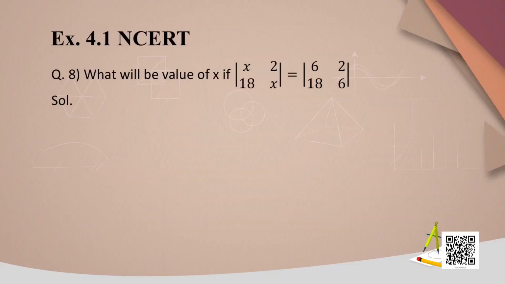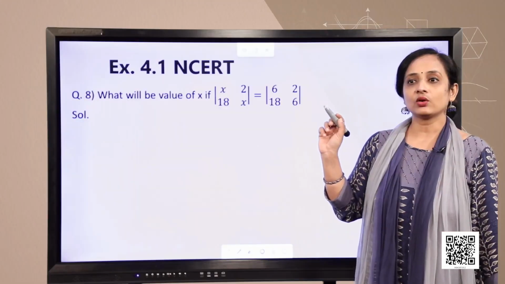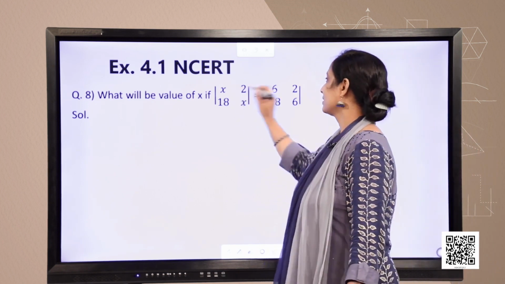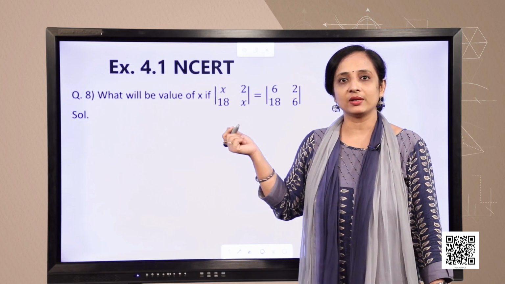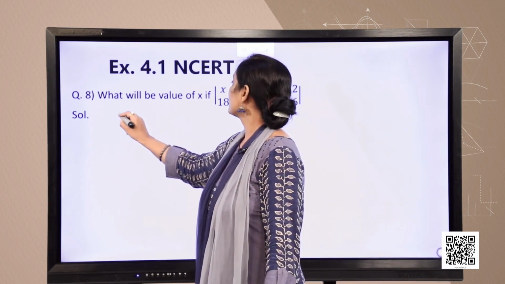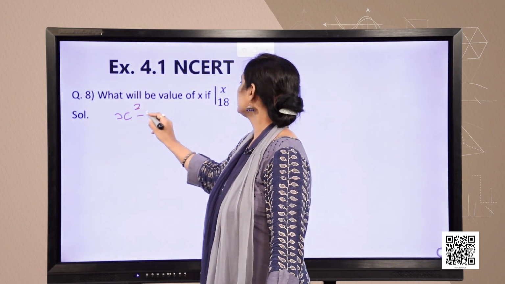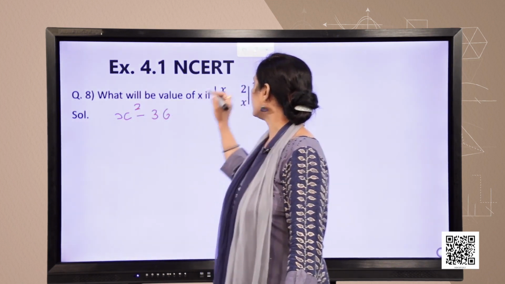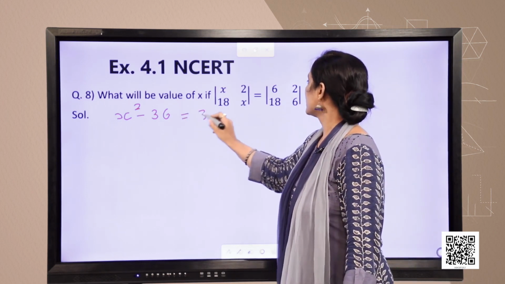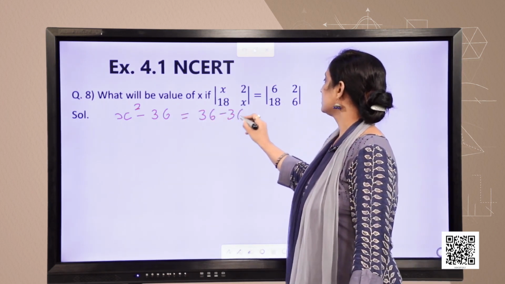Next question, what will be value of x if these two determinants are equal? You can recall in the case of matrices, what we were doing is we were just equating the corresponding elements, but that may not be the case in the determinants. So you have to simplify this by solving first determinant, that is equal to x square minus 36.